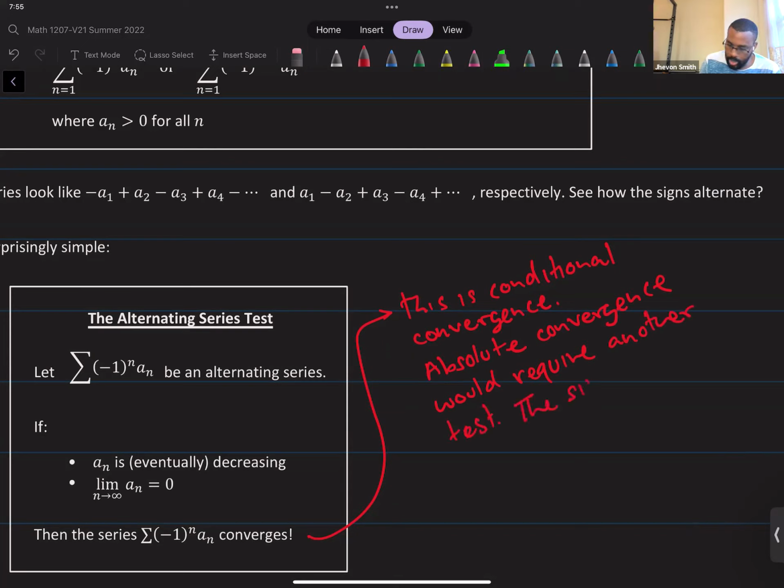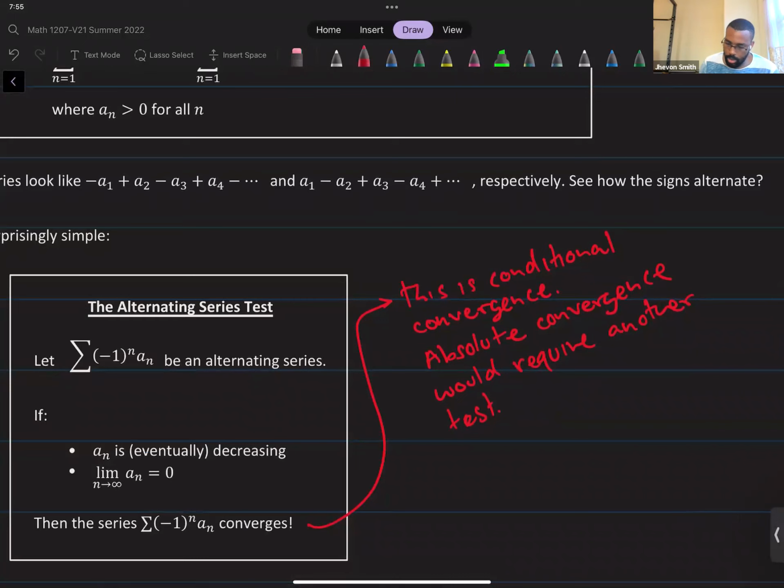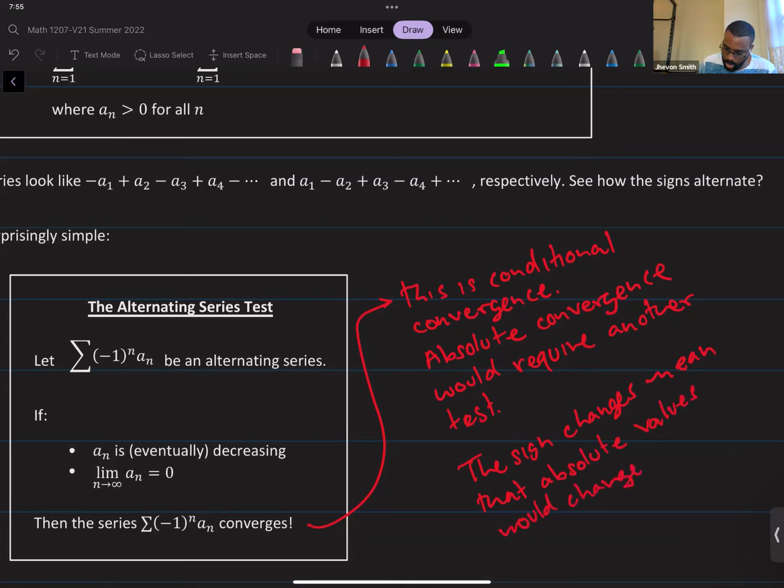The sign changes mean that absolute values would change the sum, right?